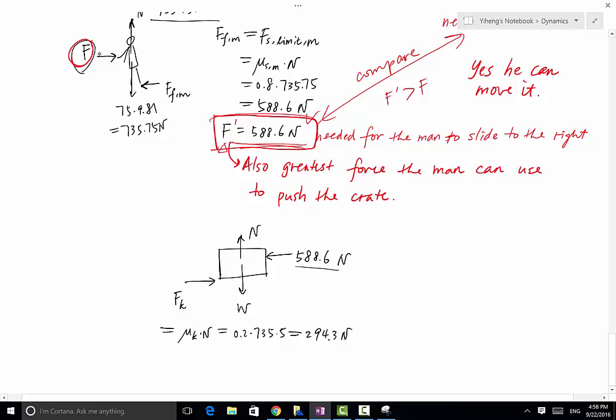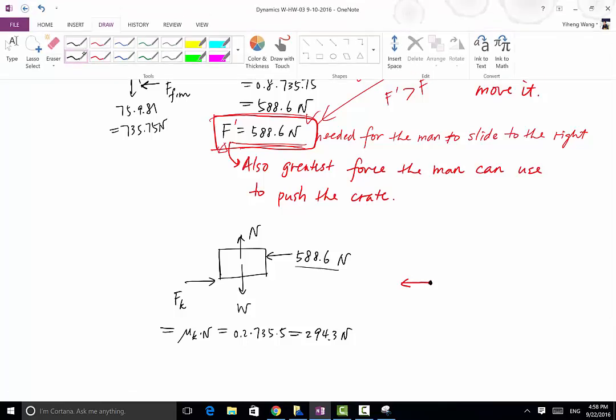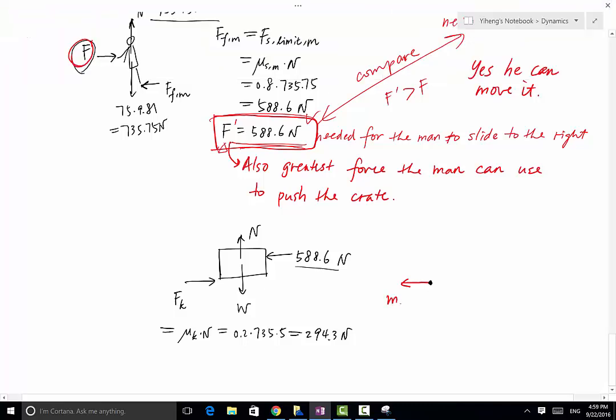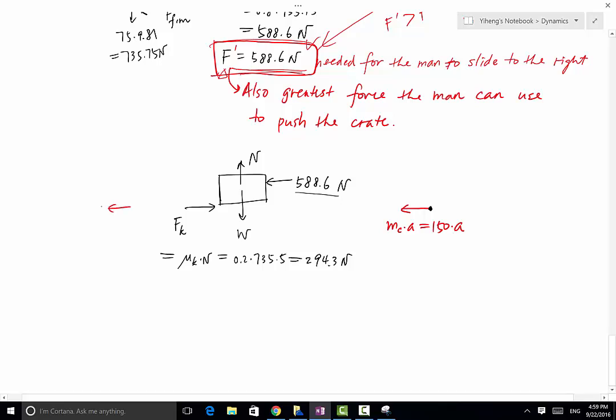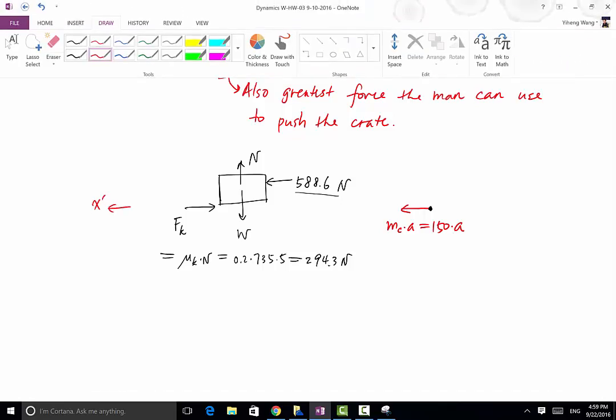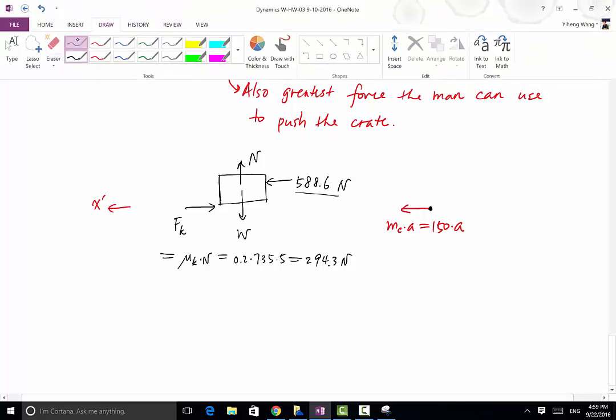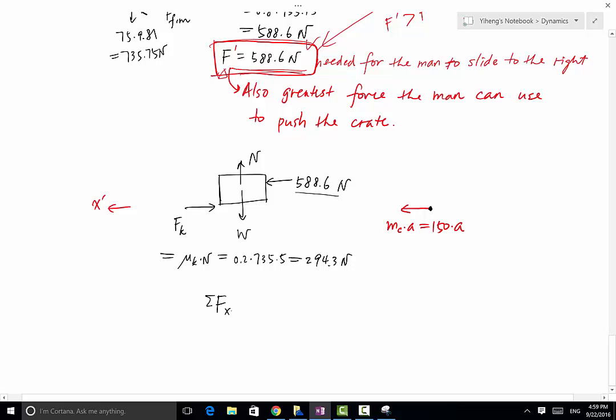Now we're going to draw the kinetic diagram for the crate. The kinetic diagram is simply m crate times a, which is 150 times a. If we assume this is my x prime direction, positive to the left, then the resultant force along the x prime direction equals 588.6 minus kinetic friction 294.3.